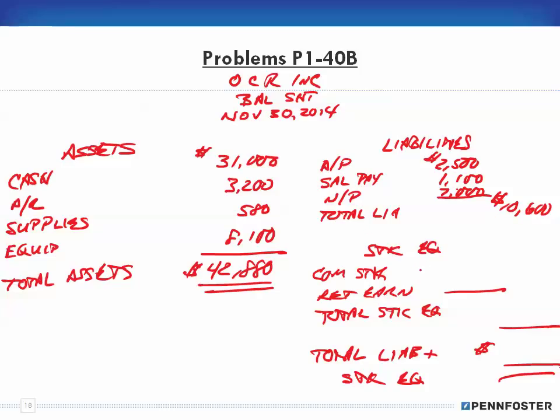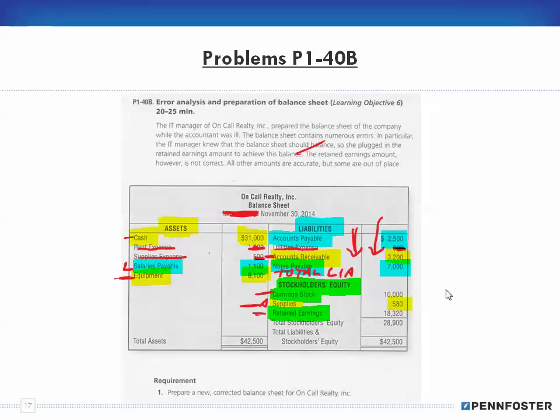Right? Now for my equity, I have common stock of 10,000, but let me come up here to green. Okay, so I'm pulling the 10,000 off of my common stock, but this retained earnings amount is incorrect.